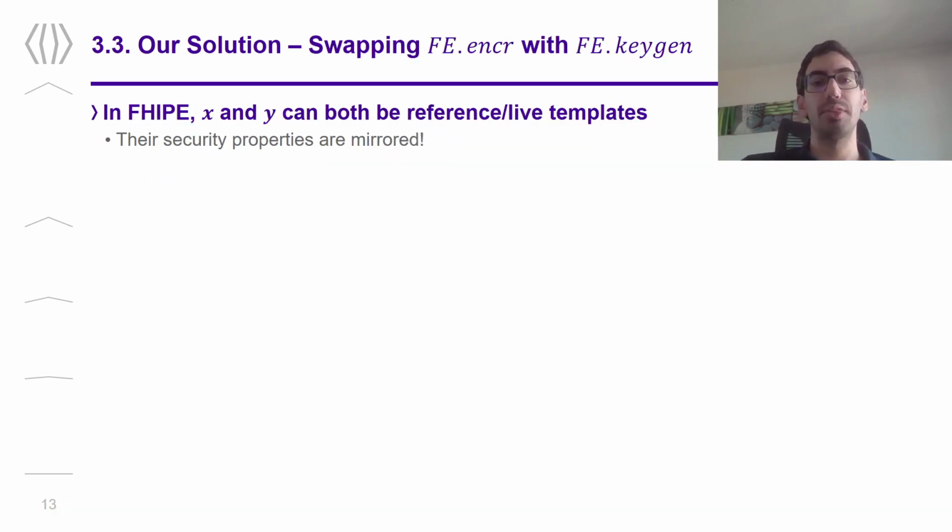Now that we've dealt with the leakage, we're going to be starting on the optimization of the online phase. And that will come from the fact that we're going to be swapping the encryption with the key generation. We'll see why. In FHIP schemes, the X and Y inputs could both be set to be reference and live templates indistinguishably. And this is because their security properties are mirrored.